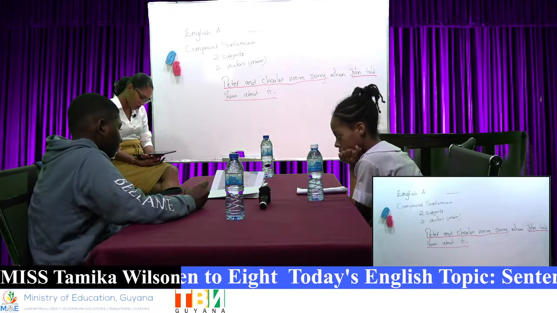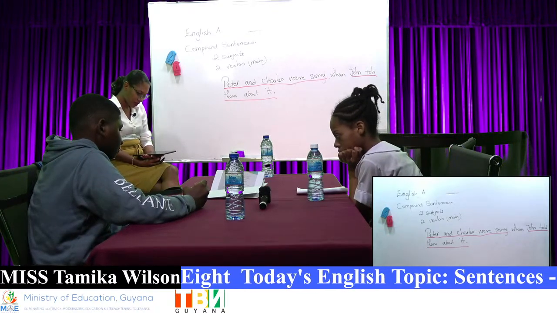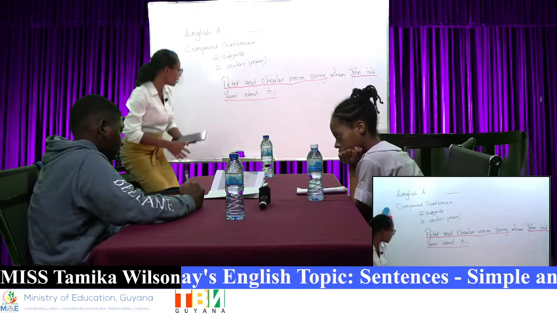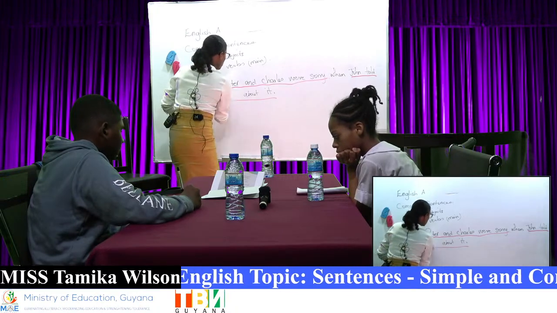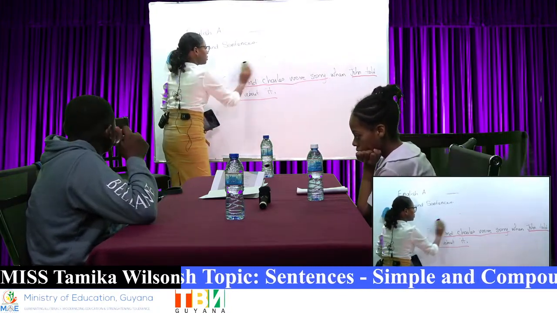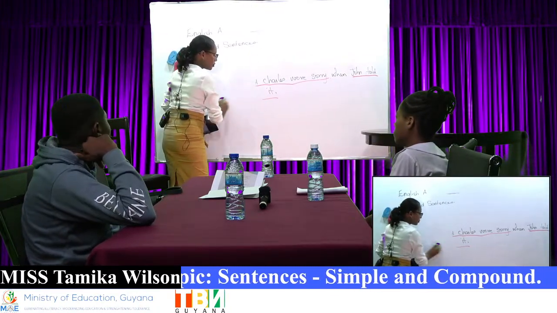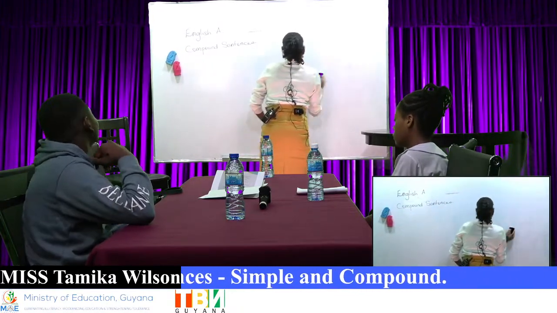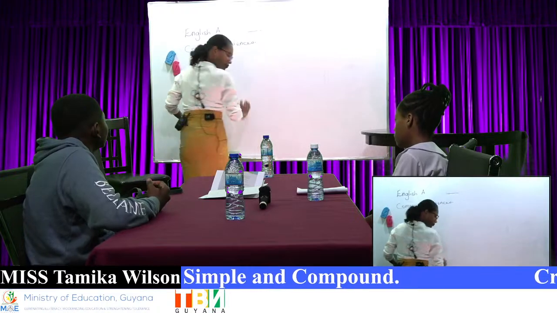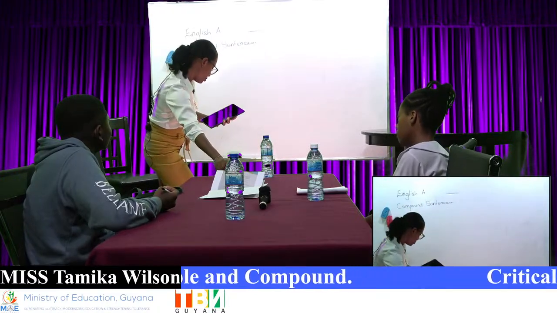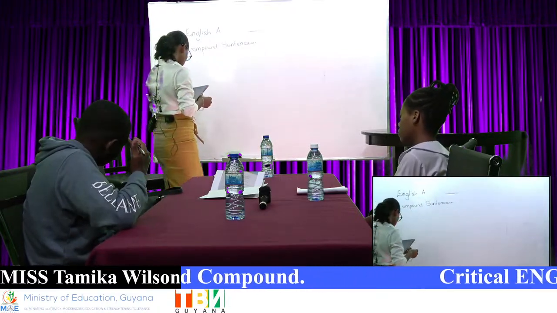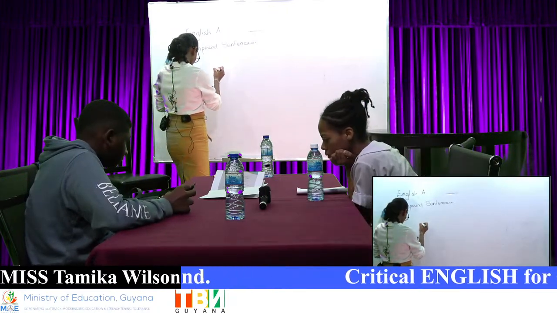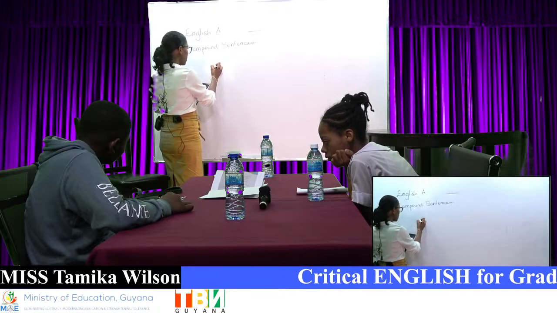So how do we go about forming compound sentences? Let's look at these two sentences, and I want you to combine them to form a compound sentence. So the two sentences that you're joining would be: we came from afar.